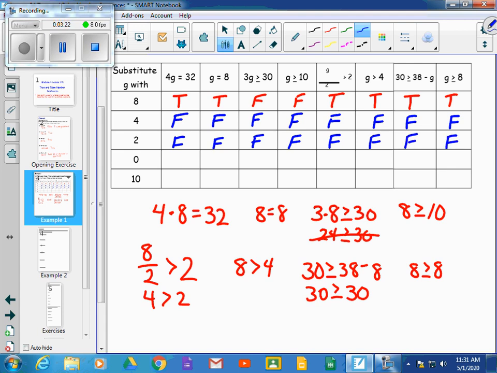When you substitute 0 in for G, all of the statements are still false. Finally, when you substitute 10 in for G, these first 2 statements are false, but the rest of the statements are true.